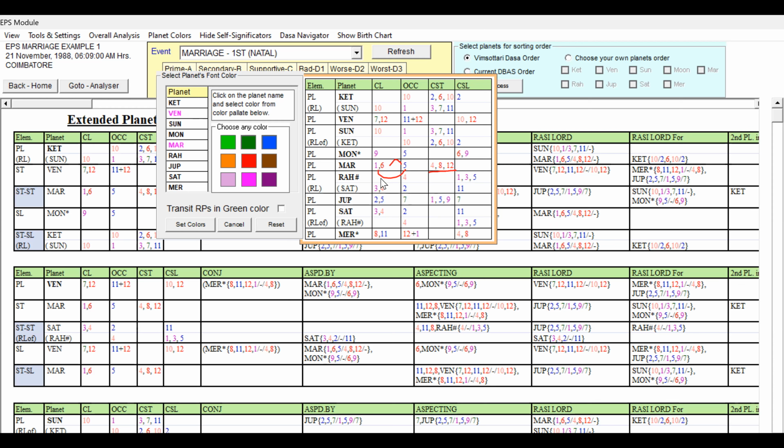Then after 1 and 7, let us go to the 11th house. 8th Lord and also 11th Lord occupying 12th house and Lagna close to the first house, and 4, 8 cuspal sublord. 8th Lord, 12th occupant, 4, 8. This is not good.